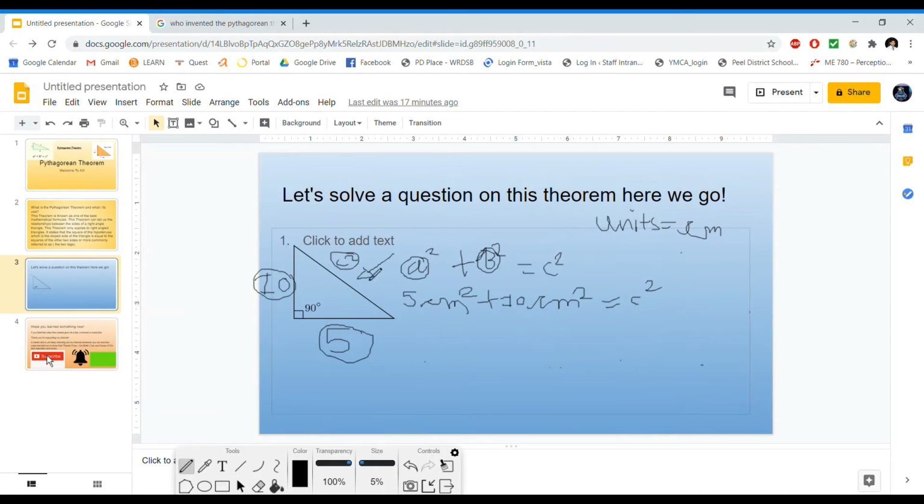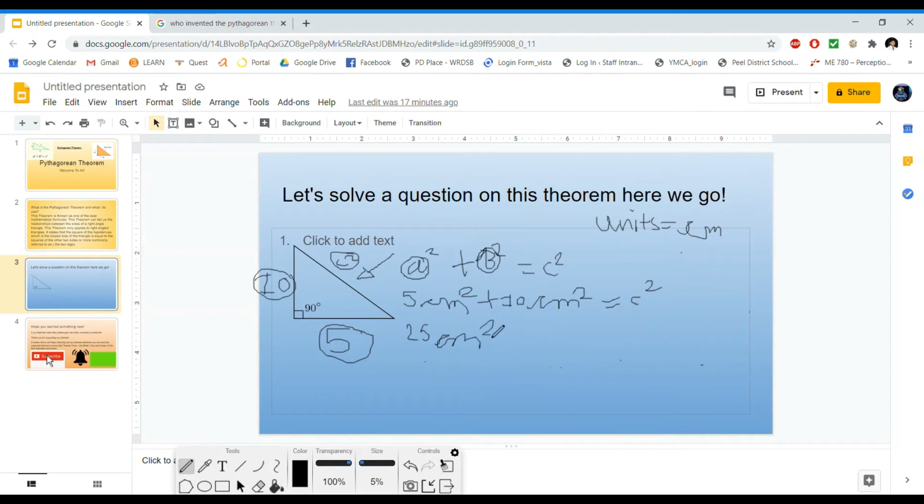So now 5 squared is 25, because 5 times 5 is 25. Don't do 5 times 2, because I have seen a lot of kids doing 5 times 2, which is 10, but that's not correct. It's 5 times 5, so 25 centimeters squared.